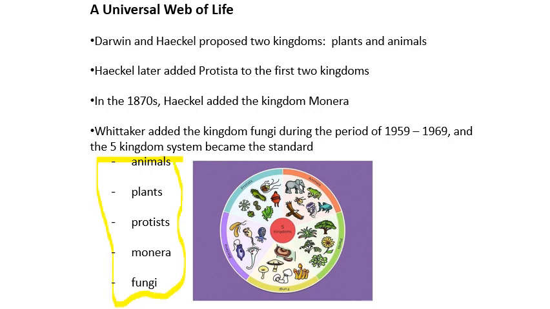This was the way it was taught to me when I was in school: you have five kingdoms: the animals, the plants, protists, Monera, and fungi. Right, so now we're throwing in fungi there, realizing that fungi are not the same as plants, very different from plants, so they deserve their own kingdom. So this was a pretty common way of looking at the classification of life on Earth until pretty recently.